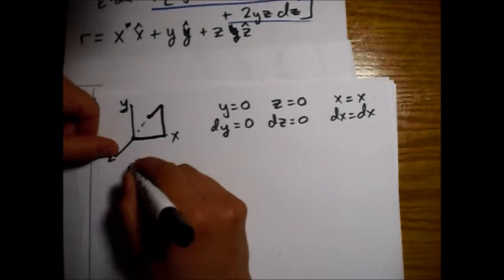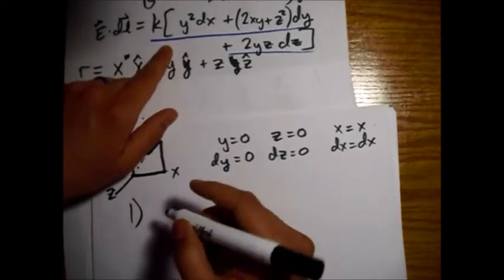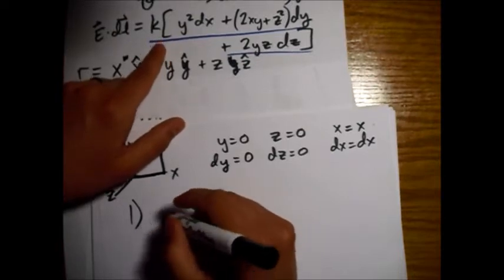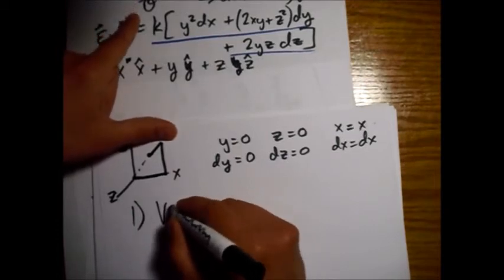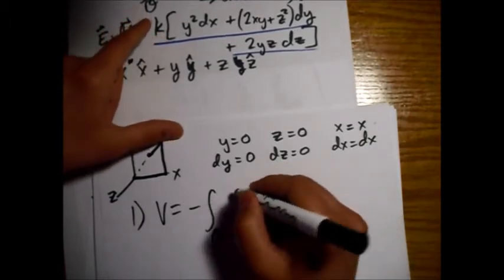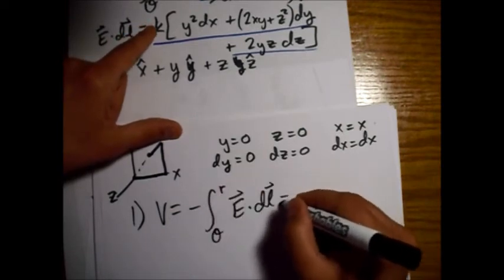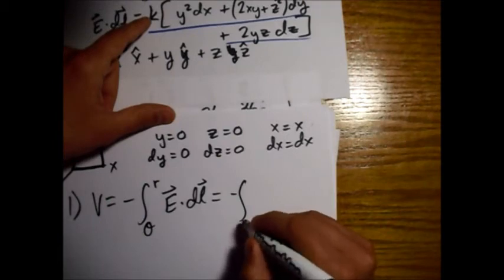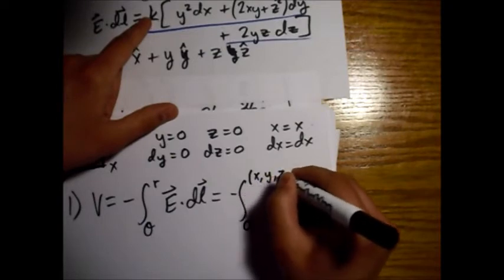So for our first path, when we write this out, I'll just write out first: V equals minus the integral from the origin to point r of E dot dl, equals minus the integral from 0 to the point x, y, z.